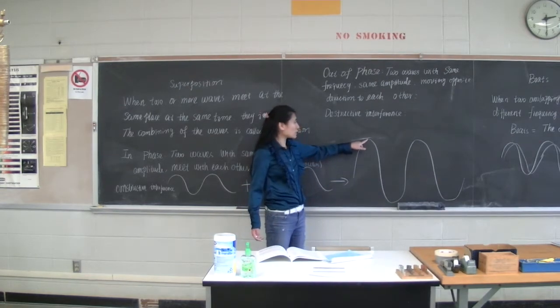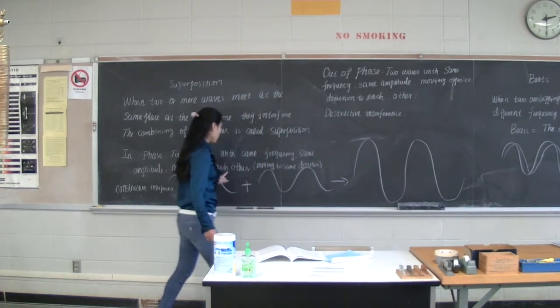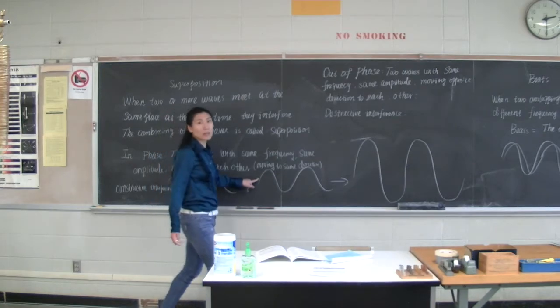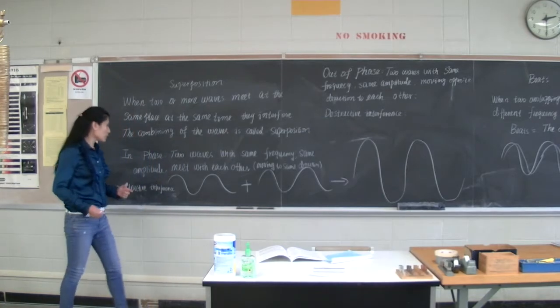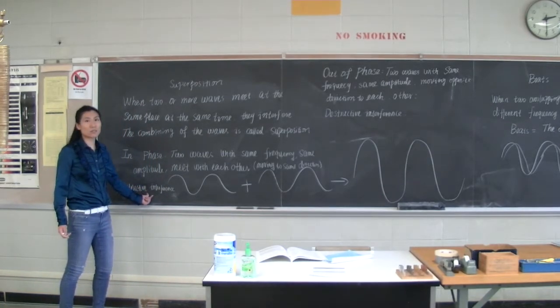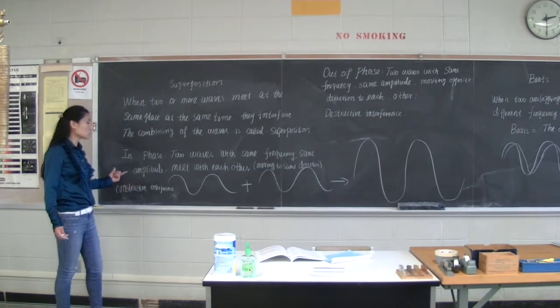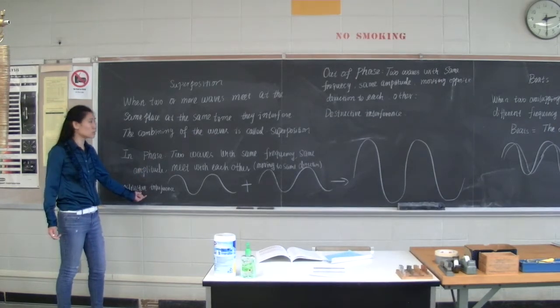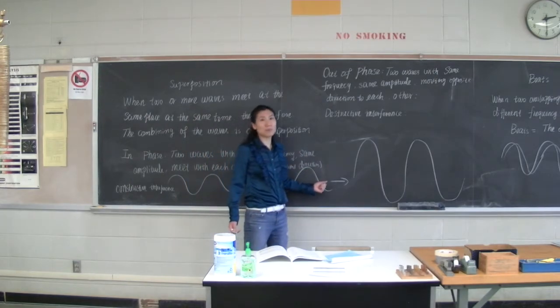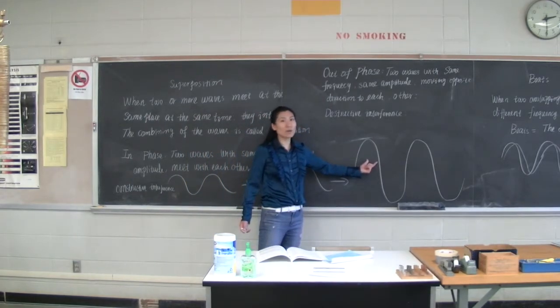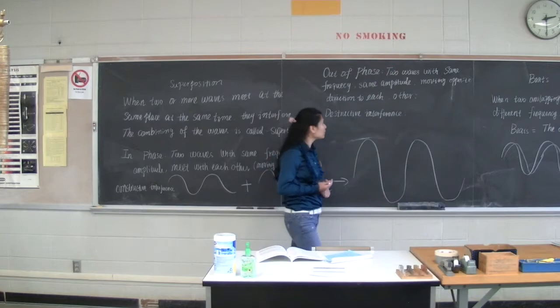This new wave has double the amplitude of each of them, with the same period as each of them. This is called constructive interference. So the result of constructive interference is that two same waves meeting at the same place produce a wave with double amplitude.